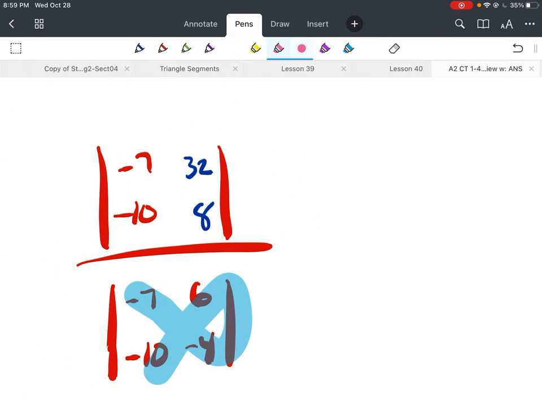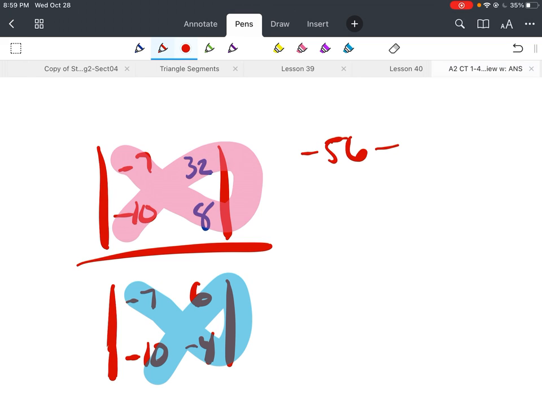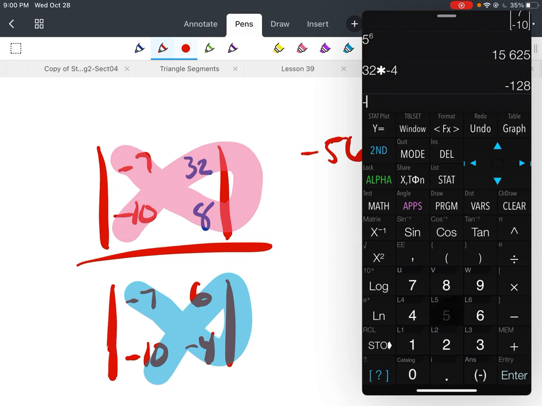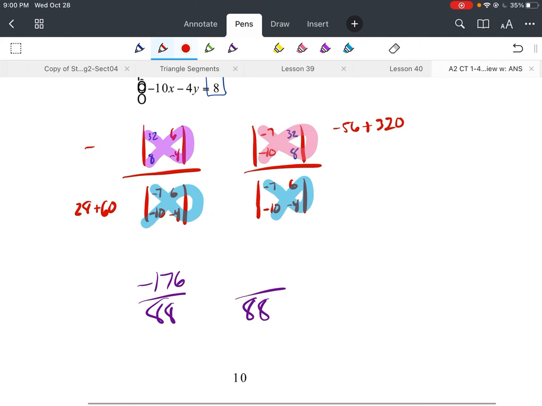So this is going to be same deal. Negative 7 times 8, negative 56 minus, and then go back the other way, 32 times 10, so minus a negative, so that's positive 320. Cool. And negative 56 plus 320 gives us 264, so this is all 264 on this top.